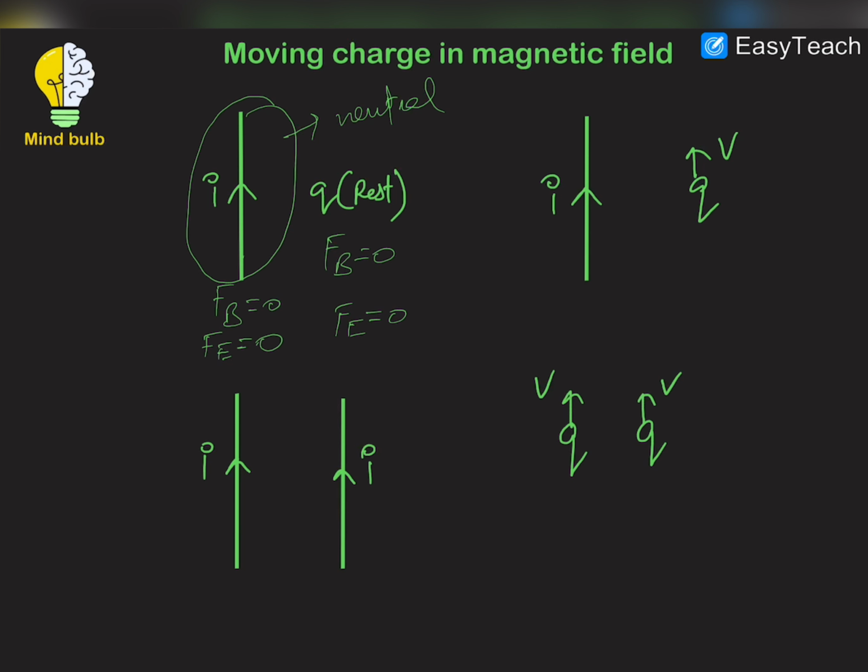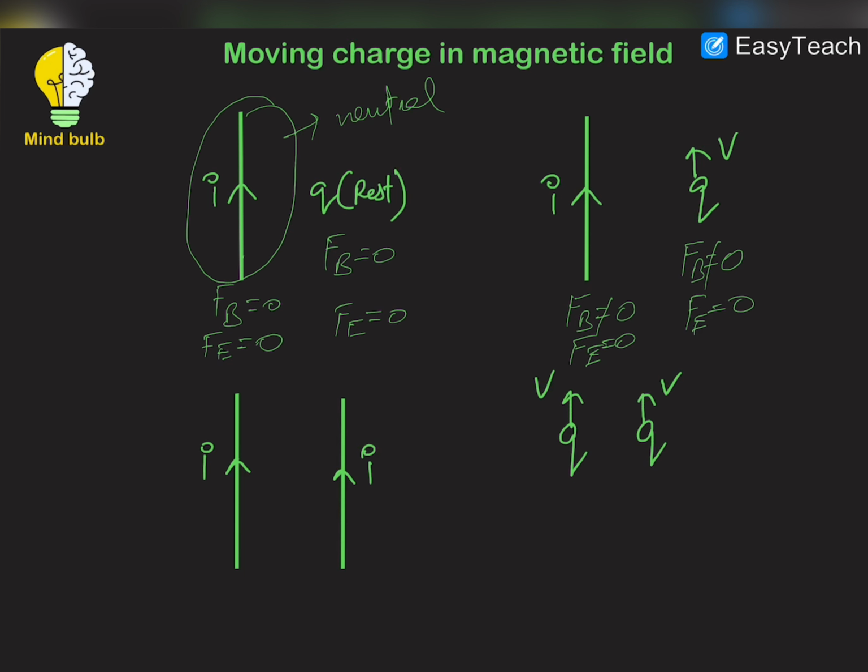So there are two magnetic fields, so we can say that there would be a non-zero magnetic force acting on both of them. Okay, so magnetic force will not be zero, but still electric force will be zero, and this is again due to the fact that the current carrying wire is electrically neutral.